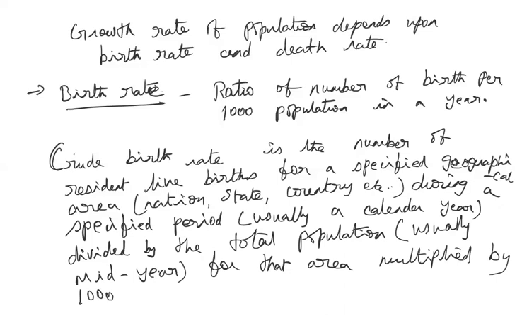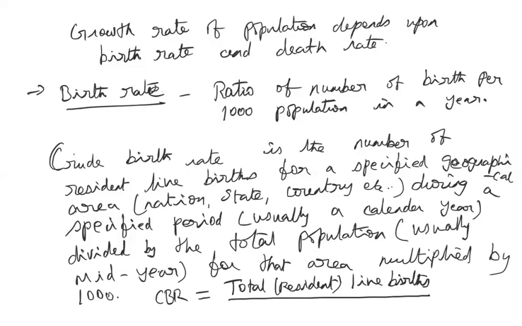So this is how the birth rate, or in the same way the death rate, is also calculated. If you put it in the form of a formula, crude birth rate is equal to total resident live births, divided by total population calculated during the mid-year, multiplied by 1000.